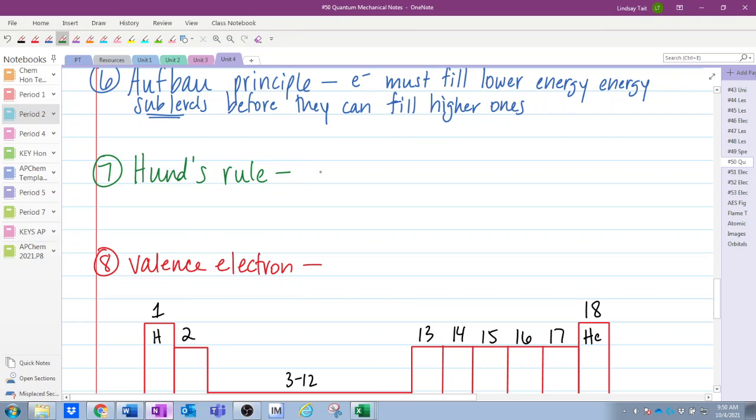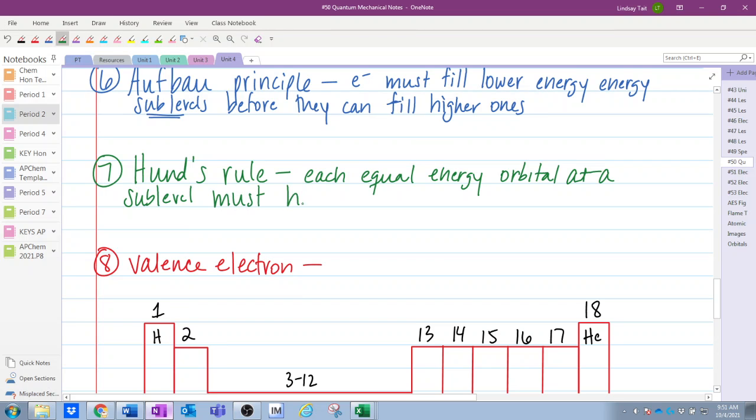Hund says each equal energy orbital at a sublevel, so that would be all those dumbbells at the same sublevel, must have 1 electron before a second can be added.